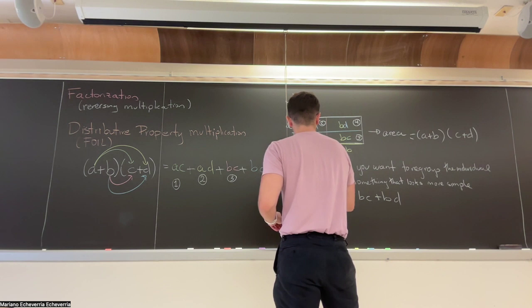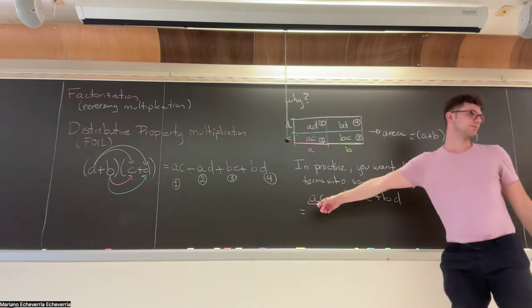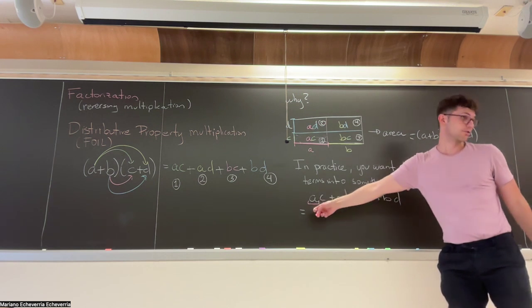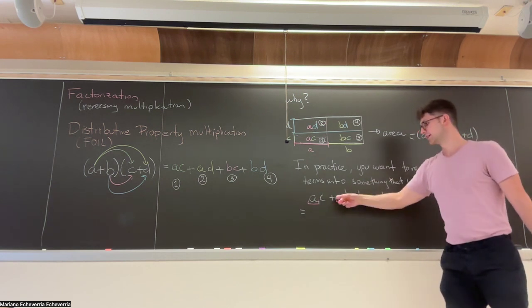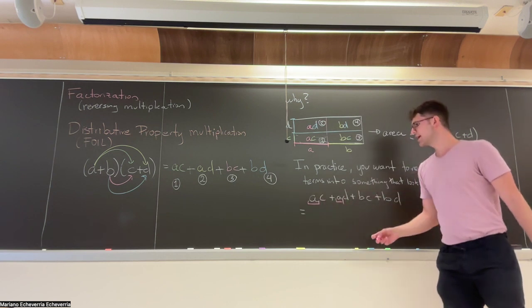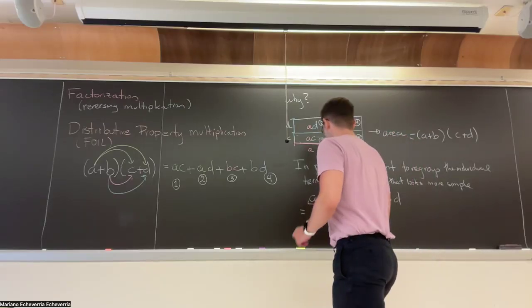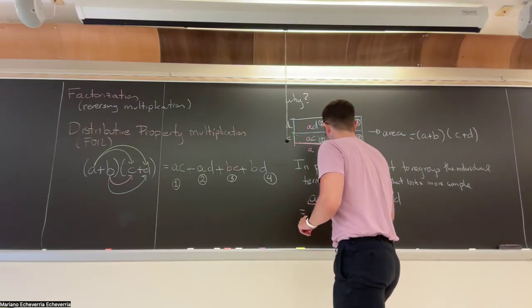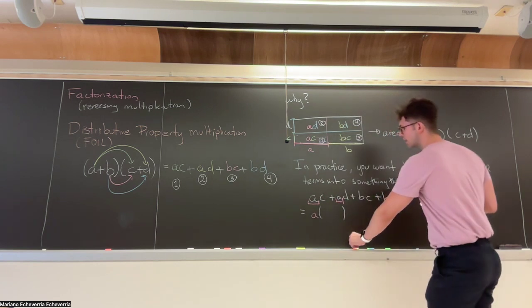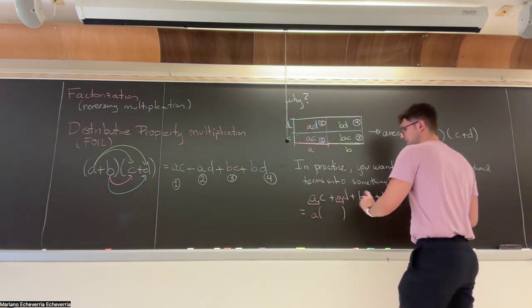And then you would say, okay, the first two terms share the factor A. So they have the common term A. Since they have the common term A, you can factor it out, okay? And after you factor it out, what you get left from each of these summands is C plus D.